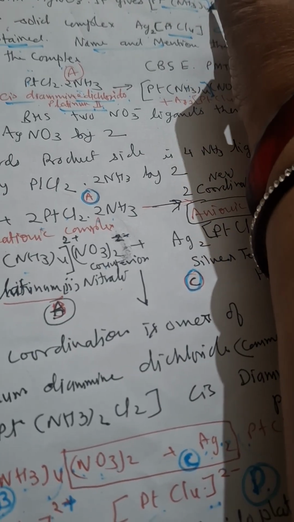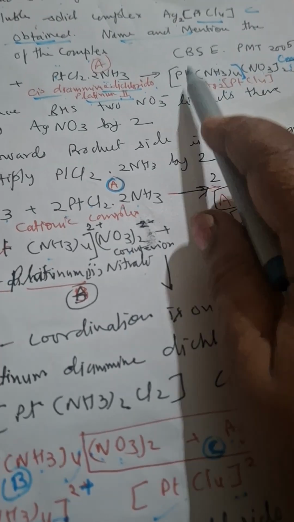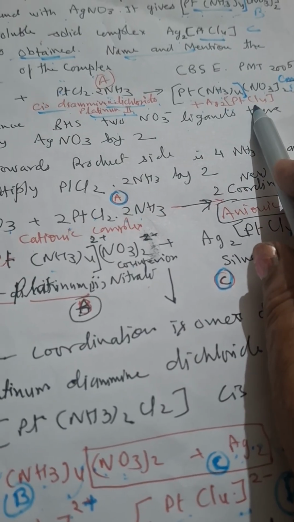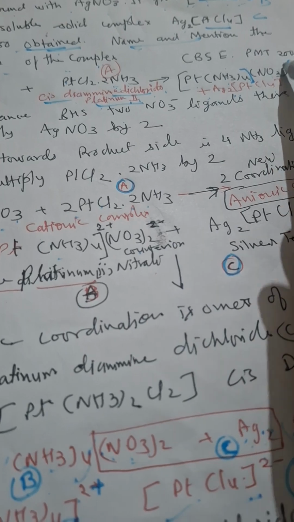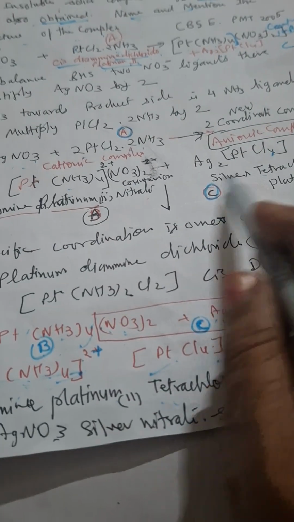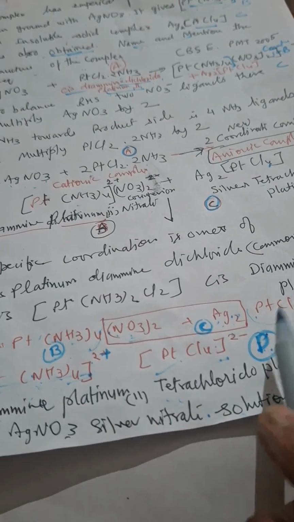So we will get the counter ion over here, and this will be Ag2[PtCl4]. Now Ag and NO3 will combine together, and we will get AgNO3 and the coordination isomer. Clear to you?